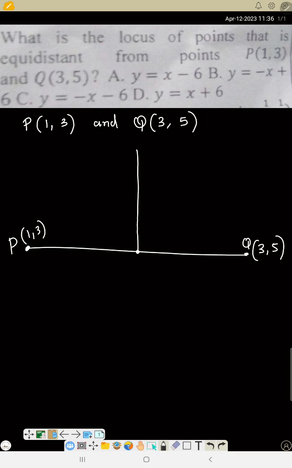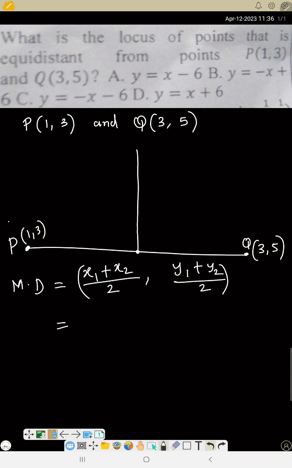The normal process is that first you find the midpoint of these 2 points, and remember midpoint is equal to (x1 plus x2) divided by 2, also (y1 plus y2) divided by 2.